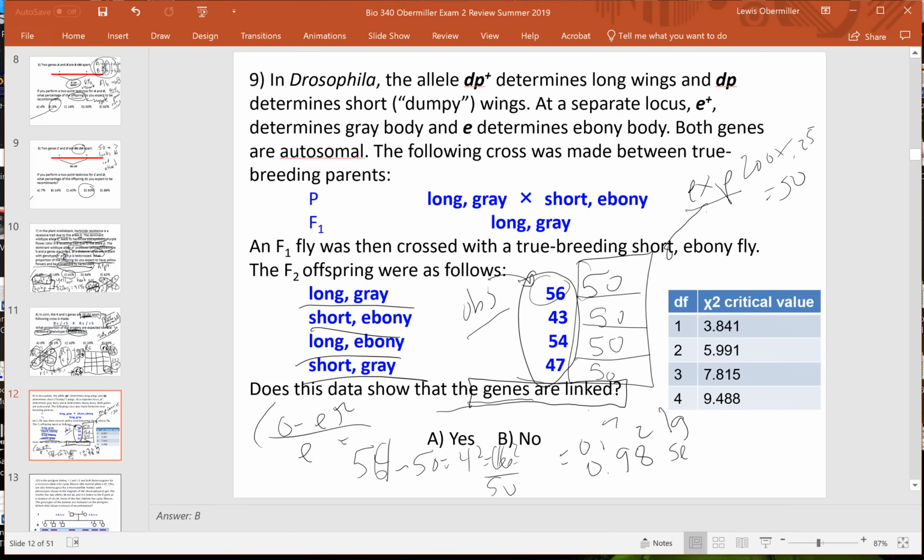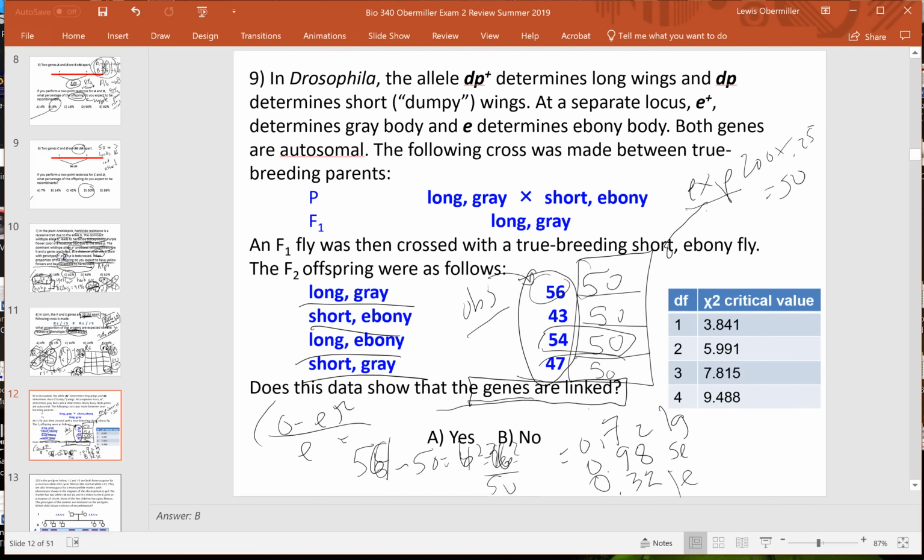This should be 0.72, sorry, because that's 56. And 6 squared is 36, and 36 divided by 50 is 0.72. The other one is 0.34, because that difference is 4 squared, which is 16 divided by 50, which, oh, sorry, it's 0.32. And that is the long ebony.